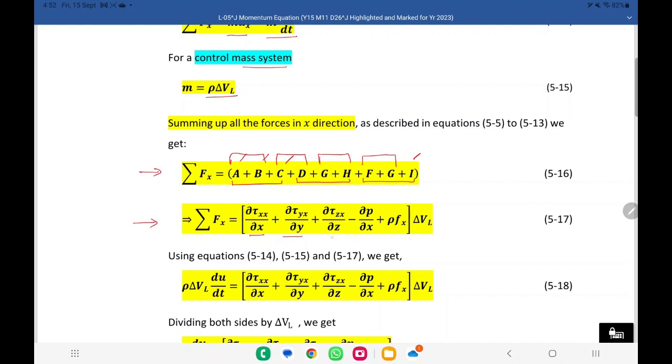There has to be E and F. That is missing here. A B C D, E is missing here. So this will become A plus B, C plus D, E plus F, G plus H and I.